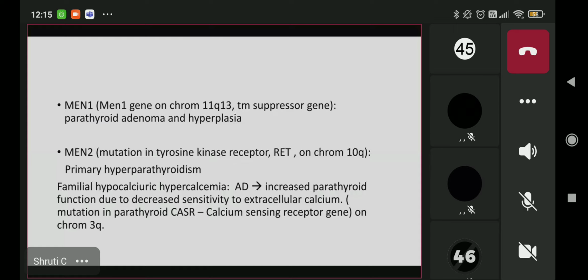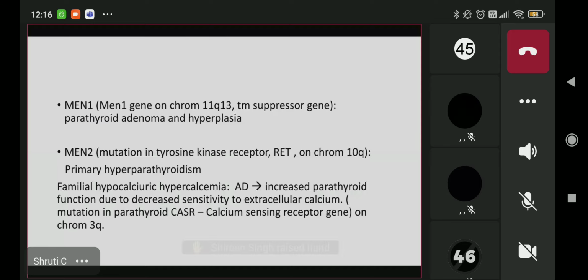Okay, and there's one more entity, familial hypocalciuric hypercalcemia. It is an autosomal dominant disorder. Here there is increased parathyroid function due to decreased sensitivity to extracellular calcium. I've told you that parathyroid hormone secretion is dependent on calcium.